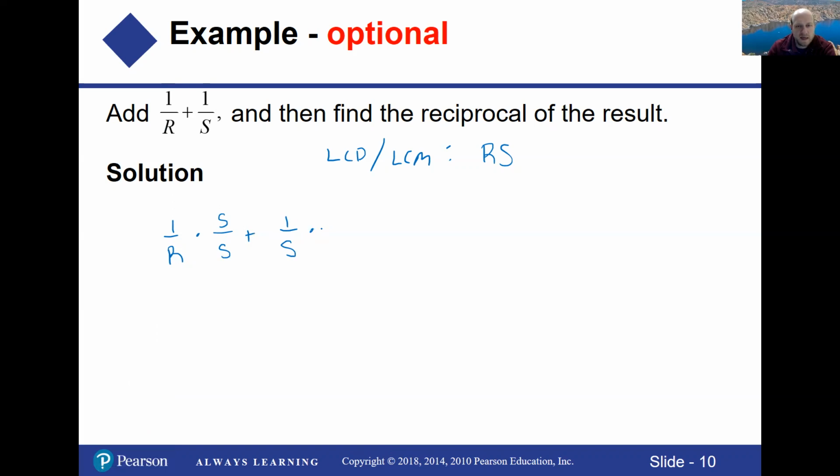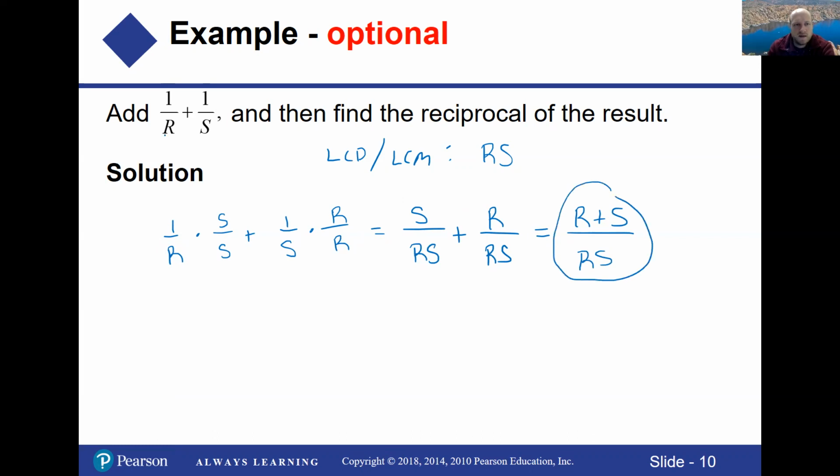I have to multiply it by r over r. So 1 times s is just s over rs plus r over rs. So that is equal to, I'm just going to switch these, r plus s instead of s plus r, over rs. So this is actually the answer when you add 1 over r plus 1 over s.